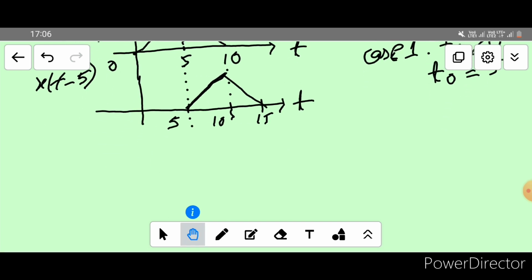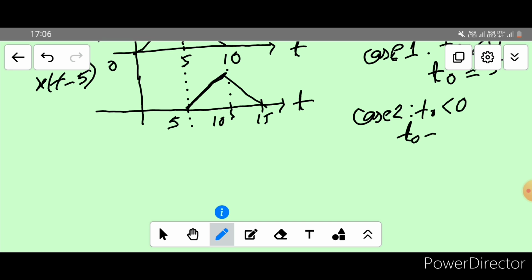In case 2, suppose t naught is less than 0. Let us take t naught equal to minus 5. Then our signal x(t) will be shifted to the left side by 5 units.